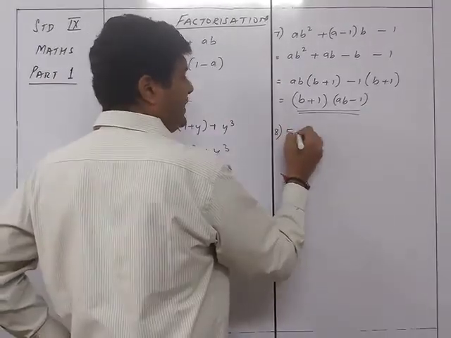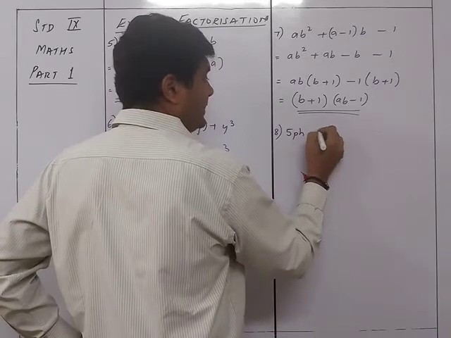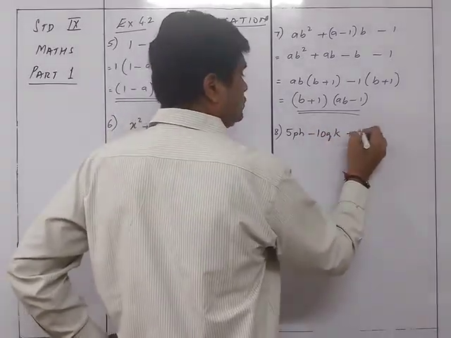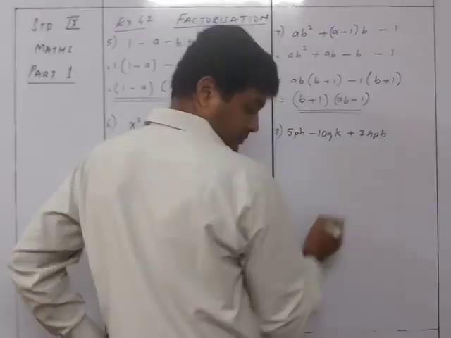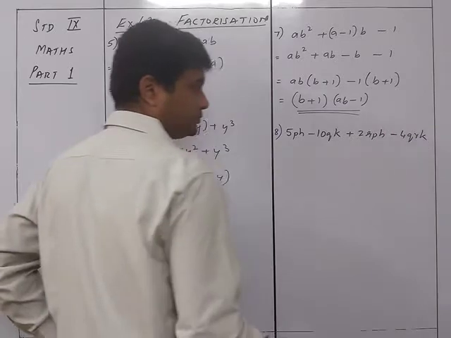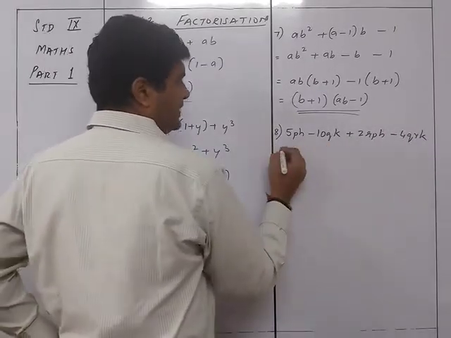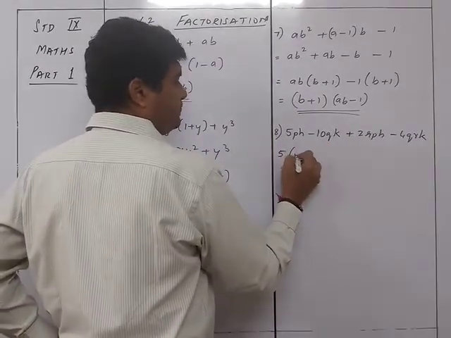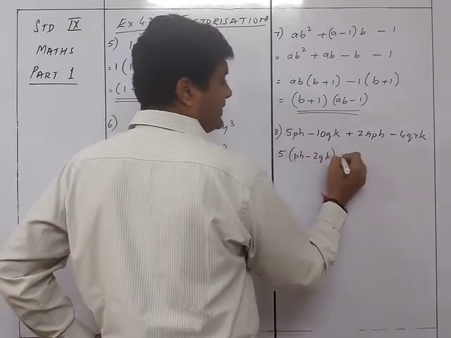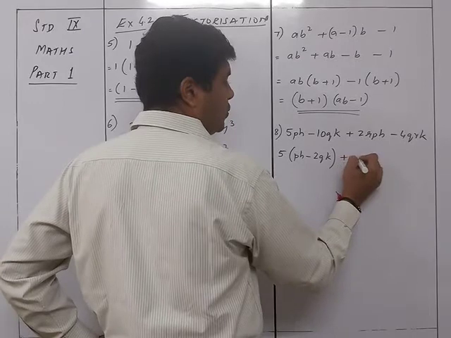It is 5ph minus 10qk plus 2rph minus 4qrk. Between these two, there is only 5 which is common, so you get ph minus 2qk. And here you can see that you are getting plus 2r which is common.